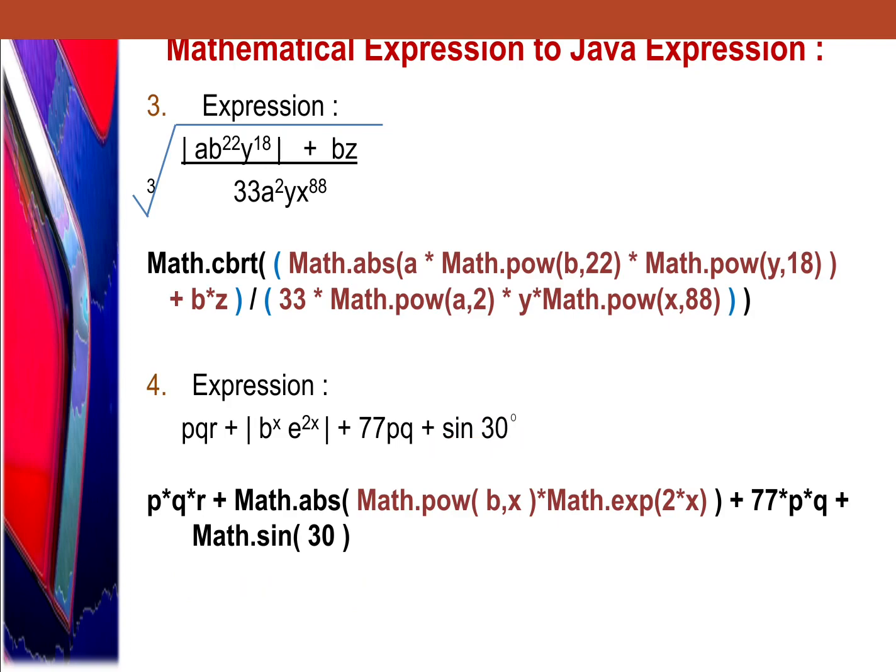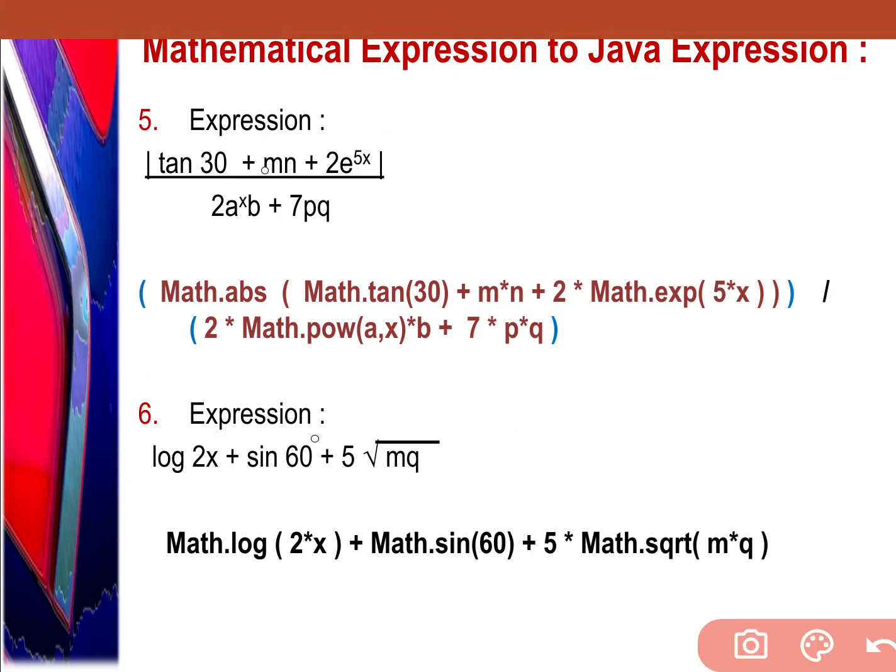Then we have the next, the fifth one. See, absolute we are having in the numerator. That's why the numerator part is already mentioned here. Then we have 10, 30 inside ABS.